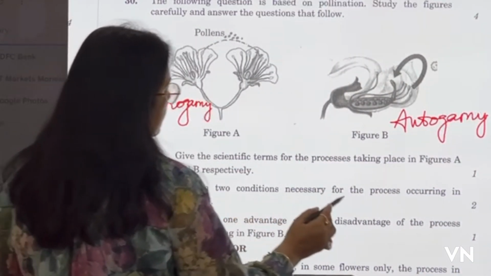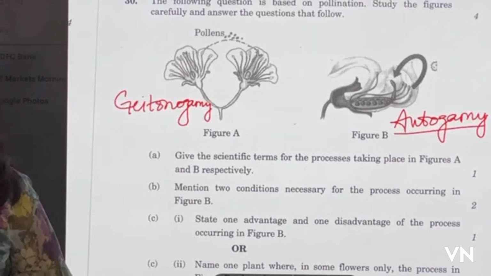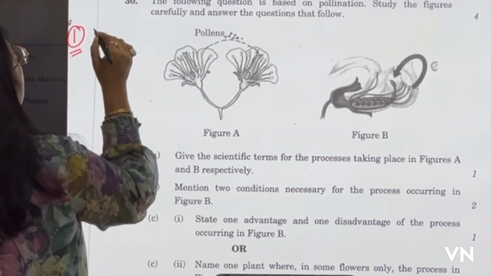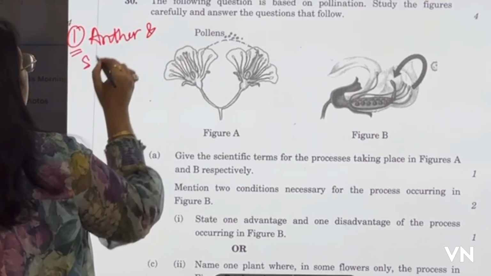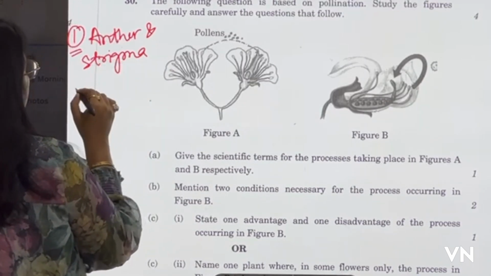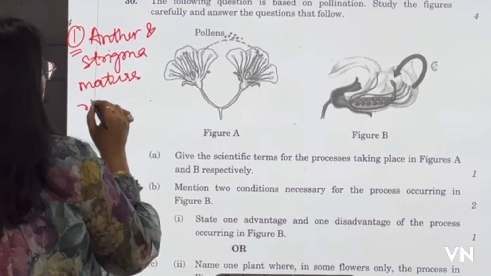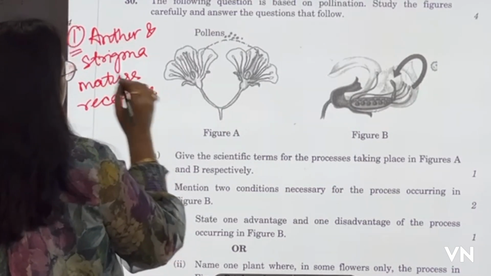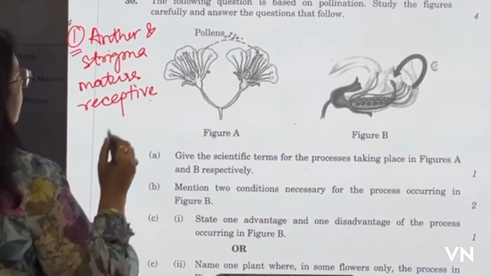Two conditions necessary for the process occurring in figure B, autogamy. Number one, anther and stigma should mature at same time and they must be receptive. Or you can say there should be a synchronization between anther and stigma.